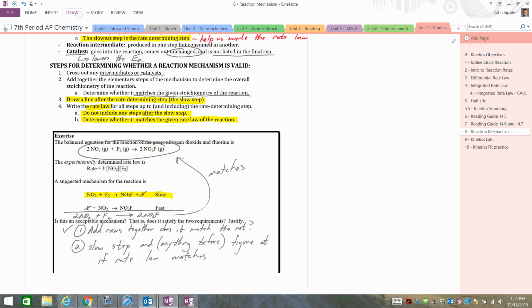So I'm just going to look at the rate determining step, and we're going to use just the stoichiometric ratios in there to figure out if it possibly matches. So we're just going to write our rate law for this reaction: rate equals k times NO to the first and F2 to the first as well. I'm just taking that from the mole ratios in the reaction there. And this matches too.